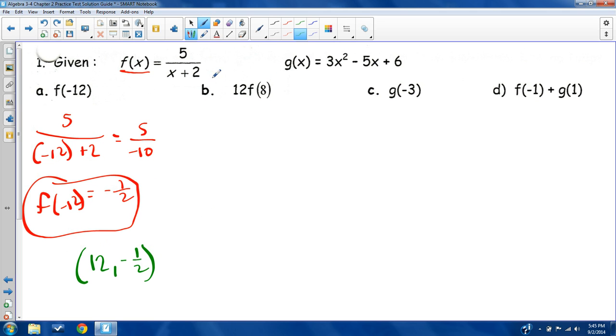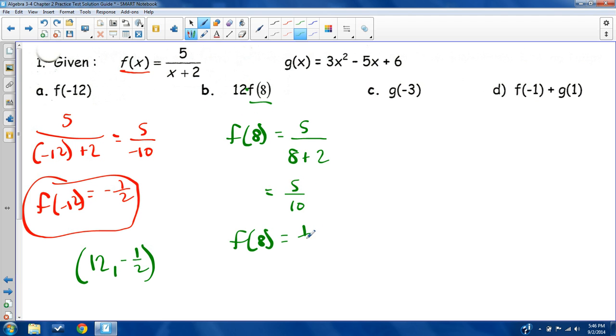Okay, this one's a little different. We got 12 f of 8. This means 12 times the f of 8. So what I'm going to do is I'm going to take the f of 8 first, then I'll multiply it by 12. Okay, so the f of 8 is 5 over 8 plus 2, which is 5 over 10, which means f of 8 is 1/2.